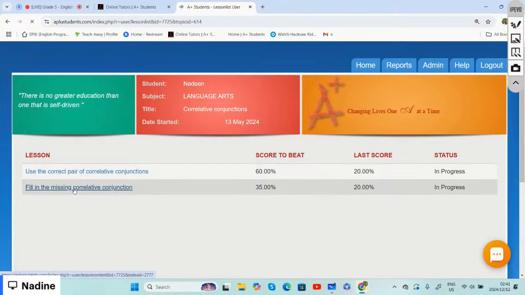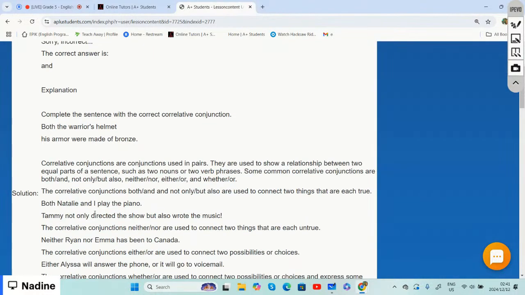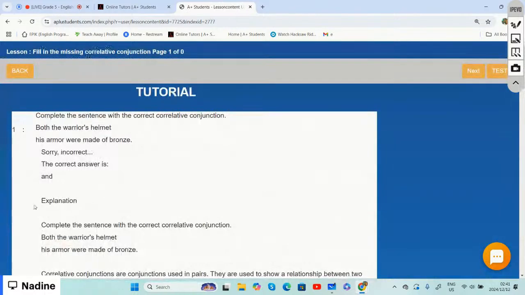All right, so now we're going to fill in the missing correlative conjunction. It says the warrior's helmet and his armor were made of bronze.